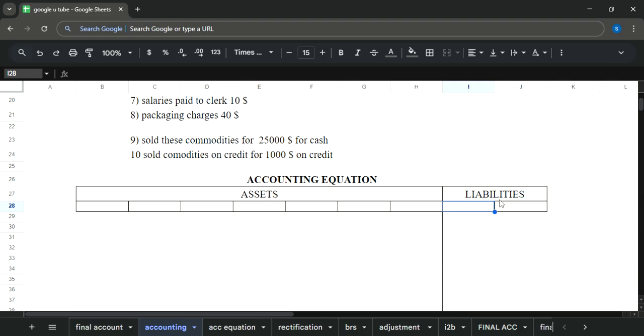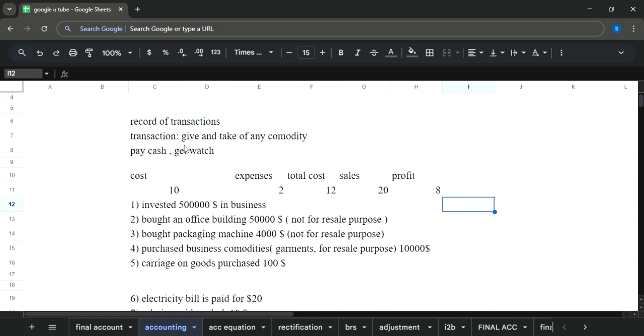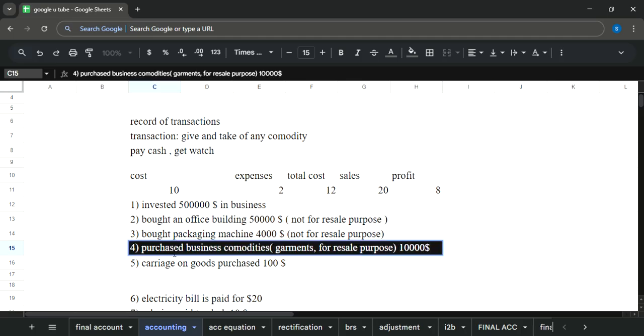On the other hand, in the last transaction, we have not bought any commodity on credit, so let's add a few things over here. Purchased commodities for cash and on credit for $500.